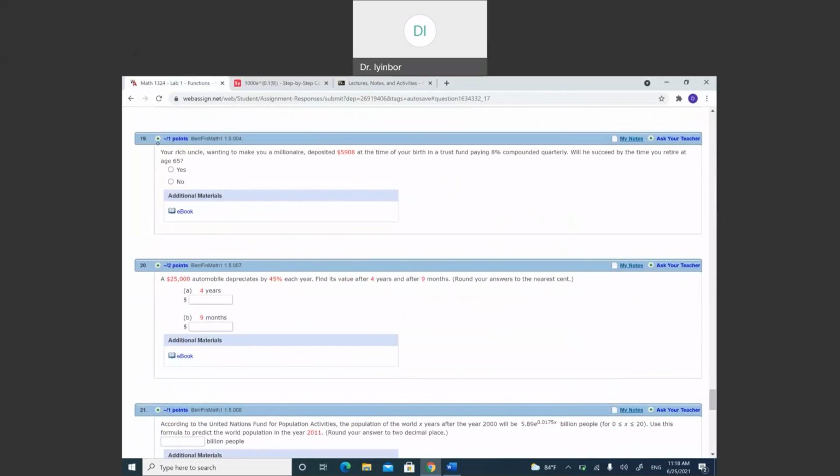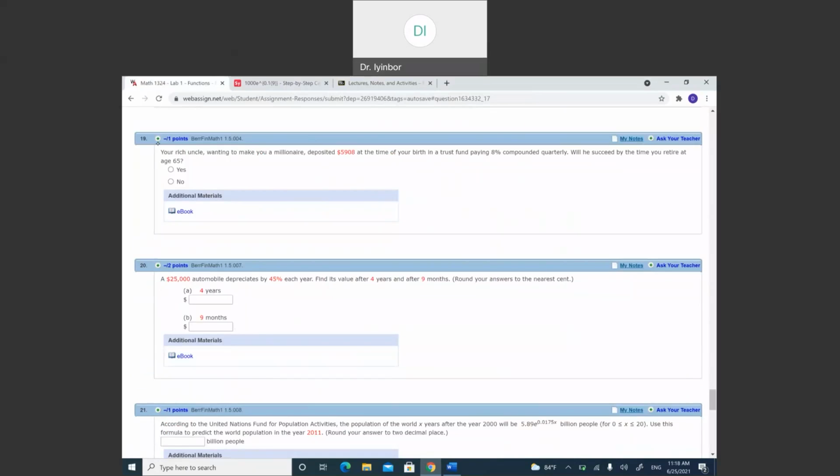And then the next one is the same way. Number 19, we're going to use the formula. It's quarterly, so the formula with the n.